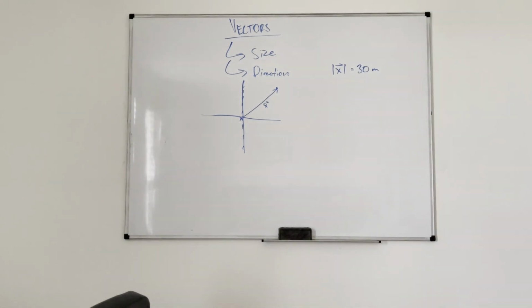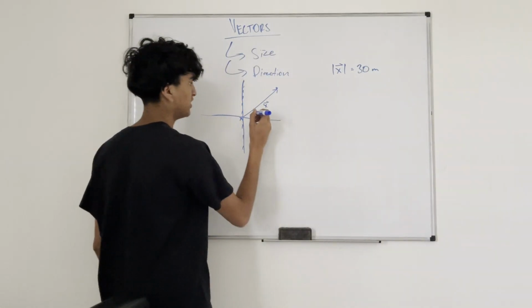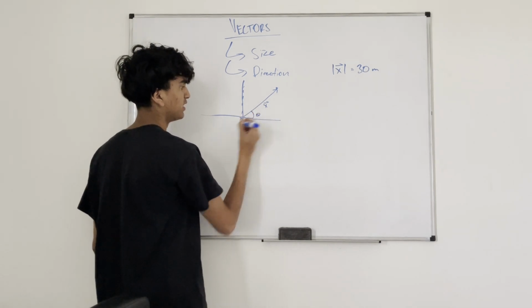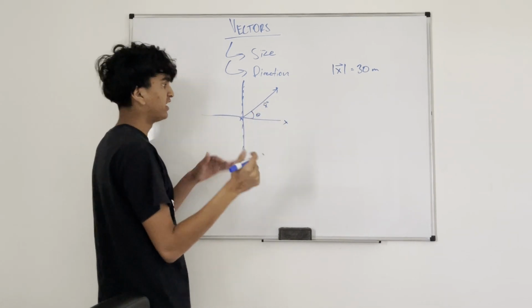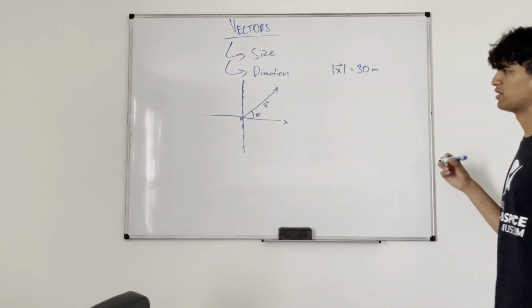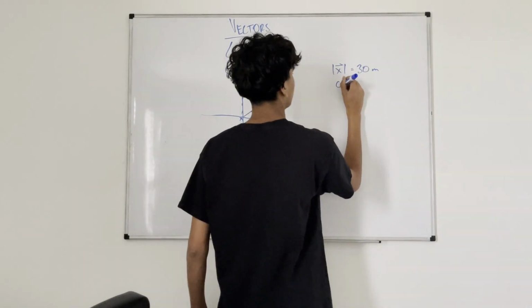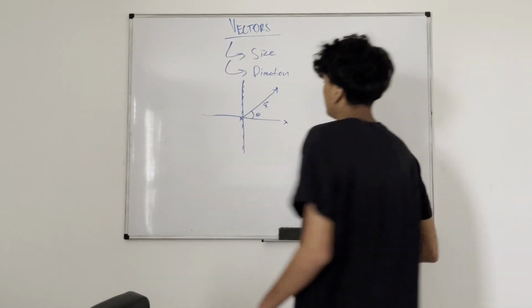And your direction would be this angle, theta, from the x-axis. So theta above the x-axis. So maybe I'll say theta is equal to 54 degrees, some angle, right?